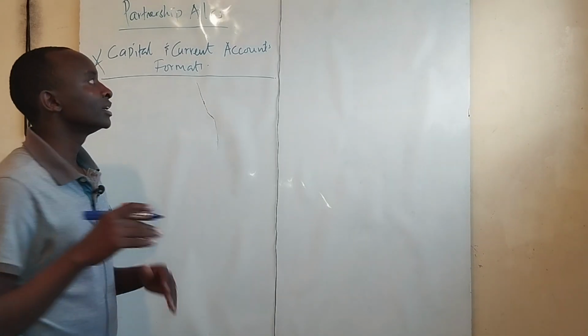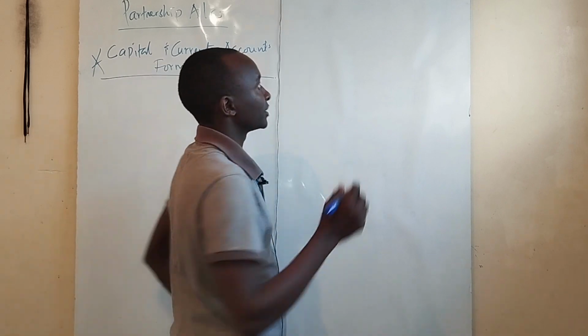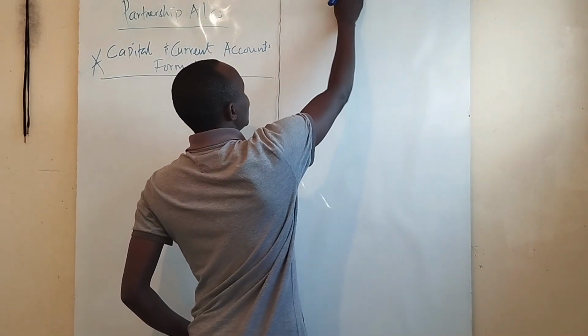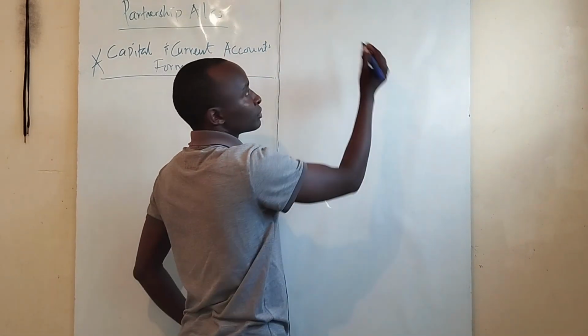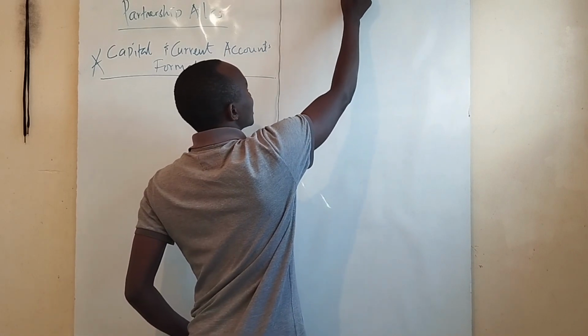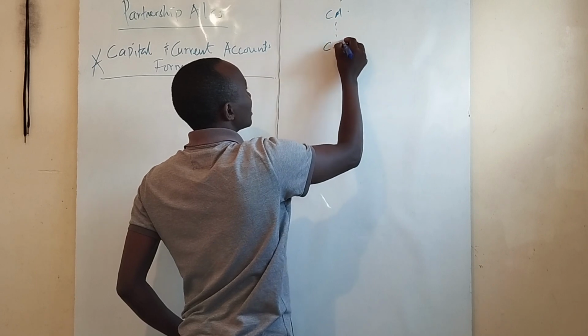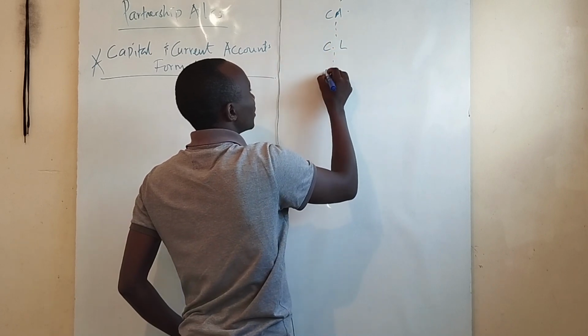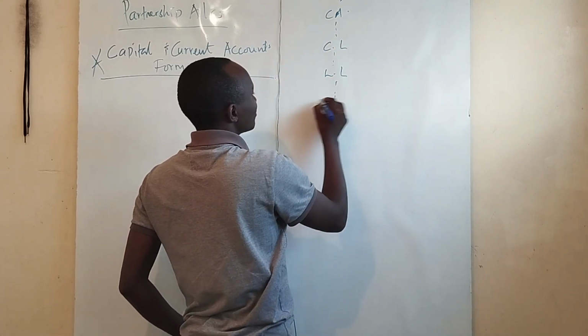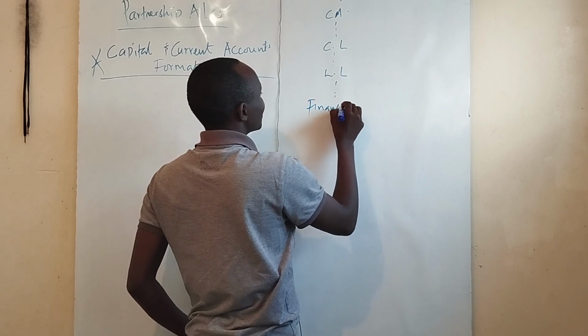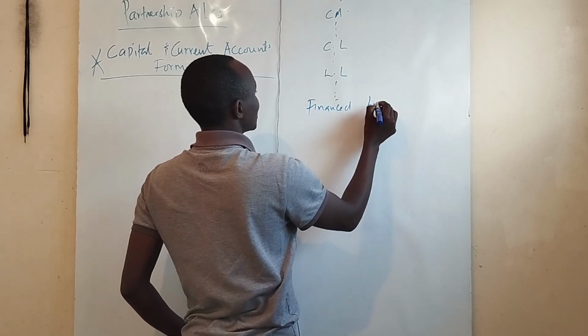You still remember the financed by? This is what was happening. We said that for the statement of financial position, we have the non-current assets, and then current assets, and then current liabilities, and then long-term liabilities, and then finally the financed by section.